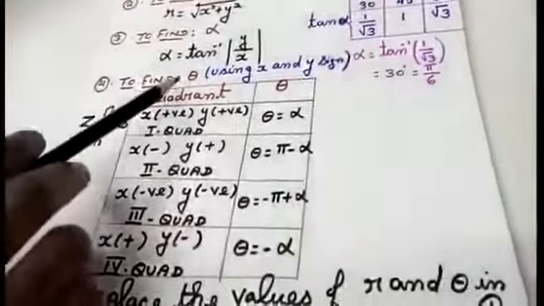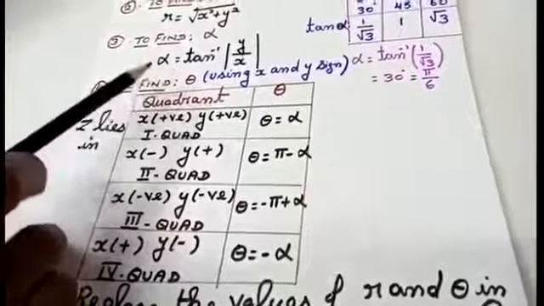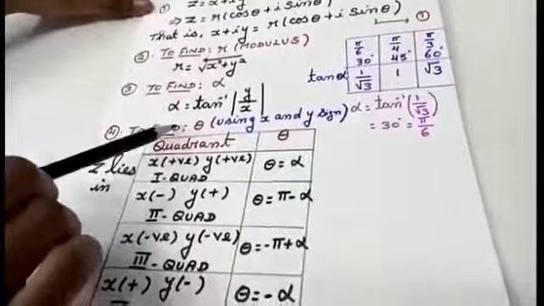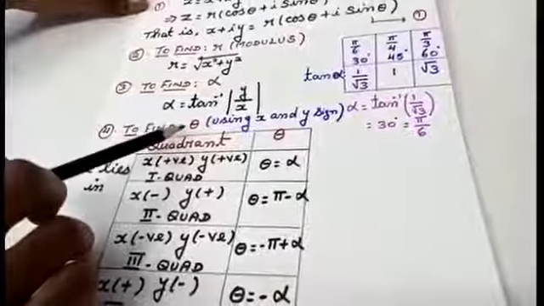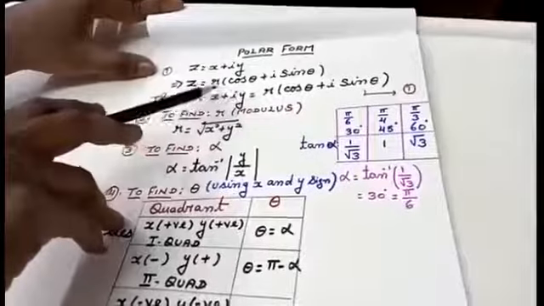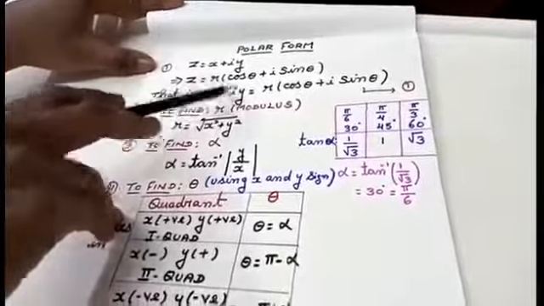Next, coming to the fourth step. I am going to find theta. So how to find theta? Till now, we have found only r and alpha. Now I am going to find theta. But how I am going to find theta is, in my question I am going to check my x and y, that is, the sign of x and y.